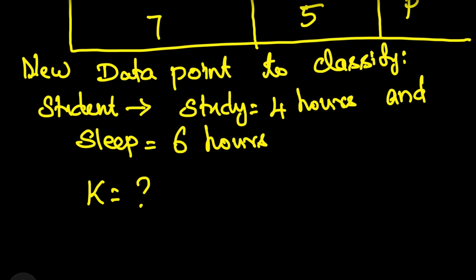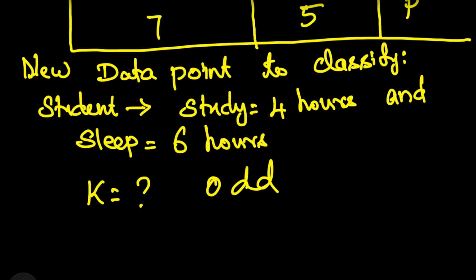To find it, we have a formula to apply. Before applying it, you should know that the k value should not be very low and should not be very high. It should be medium, and always choose k as an odd value, not an even value, because if it is even, the majority voting can result in a tie, right?